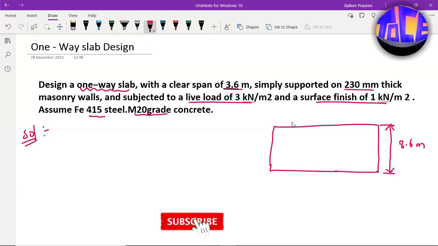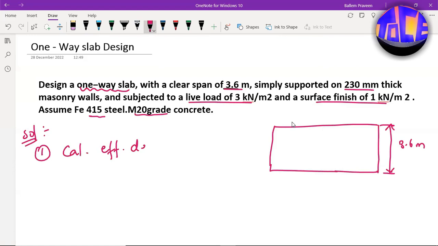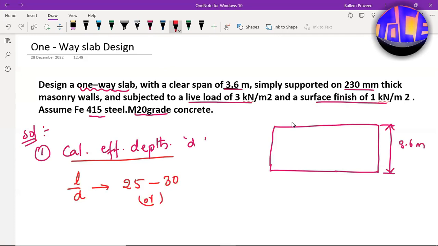Now the first step, we need to determine the effective depth. So, calculation of effective depth, d. In order to find the effective depth, we need to assume the L by D ratio. You can assume an L by D ratio between 25 to 30, or else you can assume 40 mm thickness for every 1 meter span.